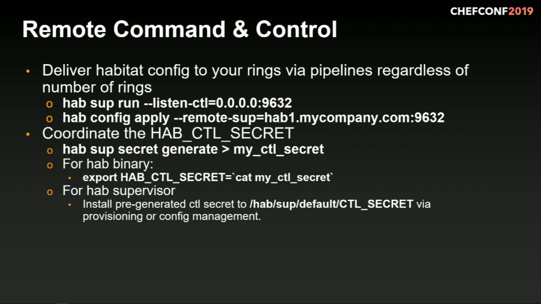And that comes in two forms. When you're invoking the Habitat binary, so if your pipeline is running hab config apply, you would generate your cuddle secret and set that as an environment variable. For the remote supervisor to coordinate its cuddle secret, it has to live in a file that has to be laid down before the supervisor starts, normally by a provisioning or configuration management process, as Andrew alluded to earlier.